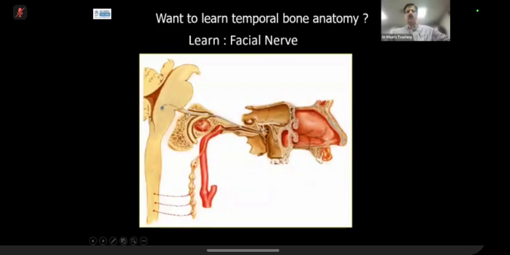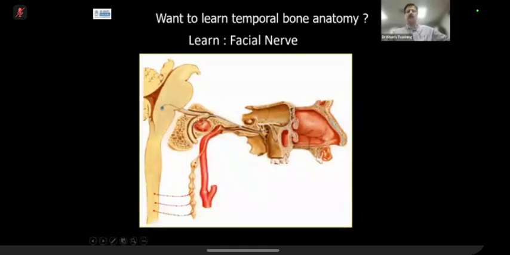This portion where I'm pointing out is the labyrinthine portion of the facial nerve. It passes anteriorly, and this thickening is known as the geniculate ganglion. So this is the geniculate ganglion. And from here, it turns on itself and passes posteriorly.